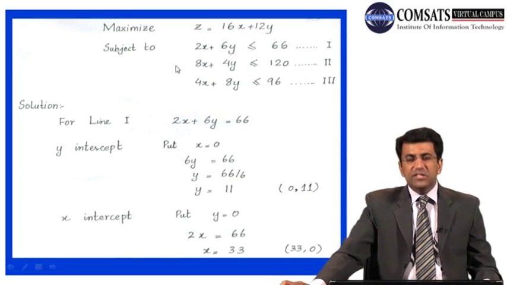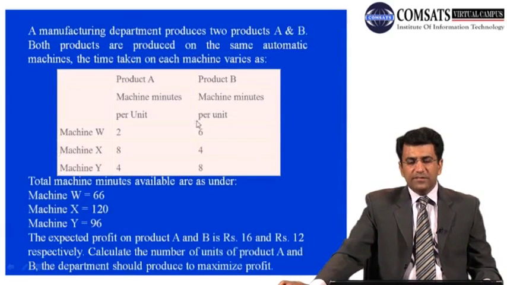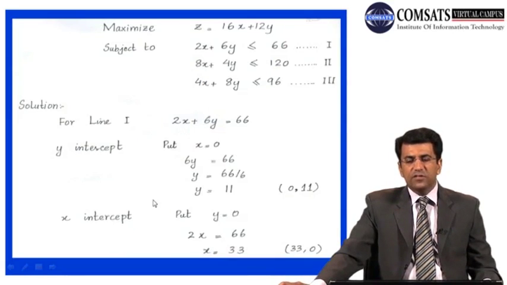Now again, there are 3 constraints in this particular case. One constraint is related to the machine W. Machine W takes 2 minutes for product A and 6 minutes for product B, and the total machine minutes available for machine W is 66. So one of our inequalities will be 2x + 6y less than or equal to 66.